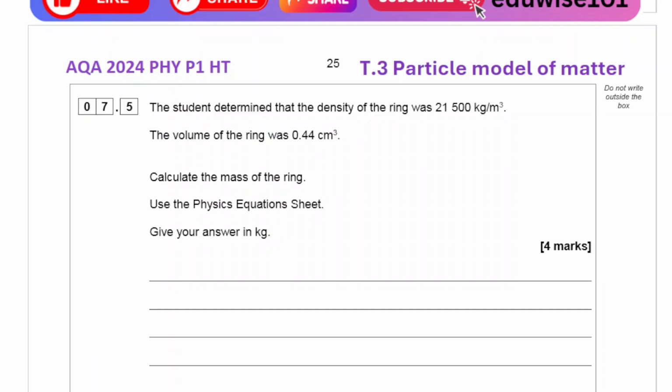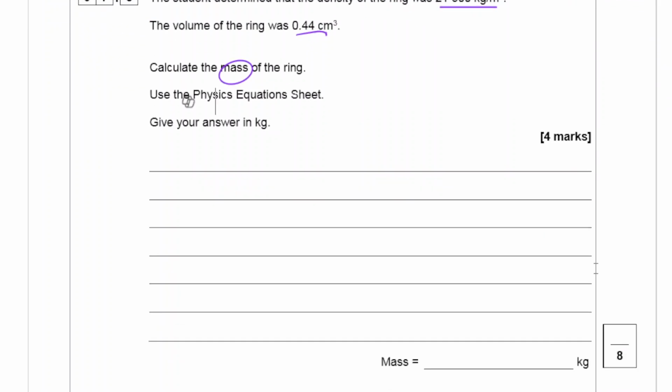The student determined the density of the ring was 21,500 kilogram per meter cube. The volume was 0.44 centimeter cube. Calculate the mass. You'll have to convert this to meter cube before we do anything.